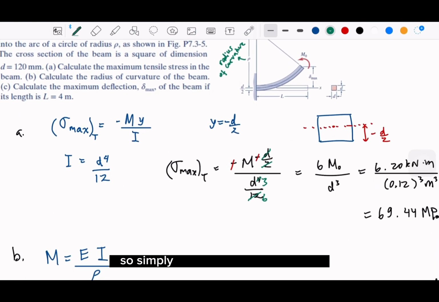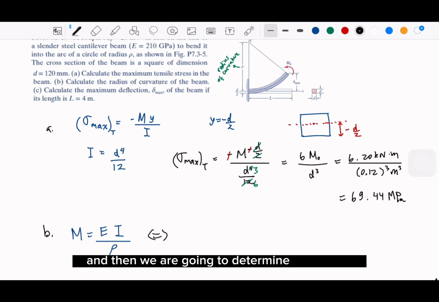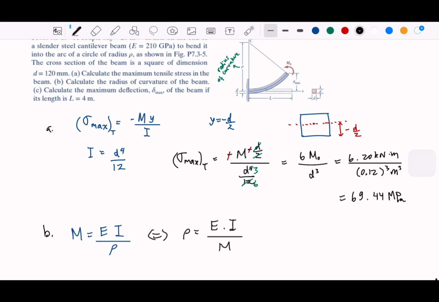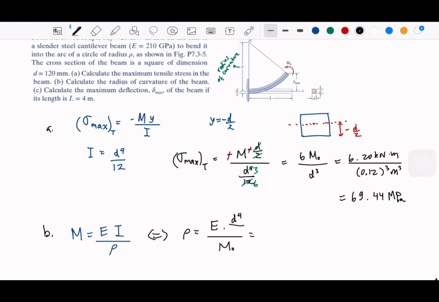So simply we take this formulation and determine rho. Rho will be E multiplied with inertia divided by the moment. Let me just rewrite inertia directly with the formula d to the power of 4 divided by 12.